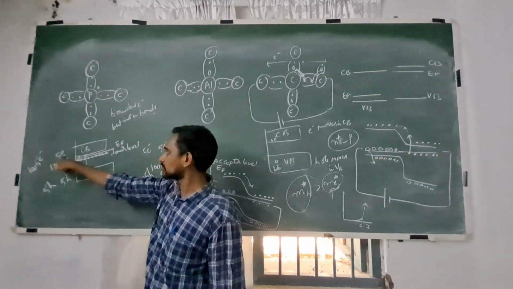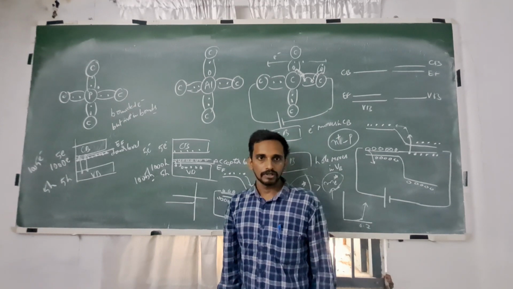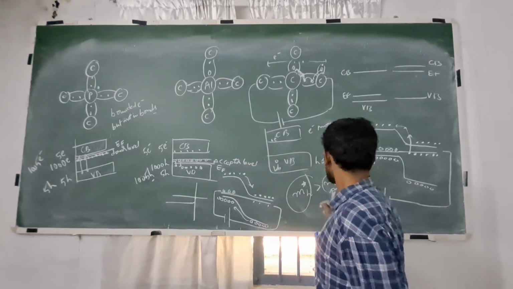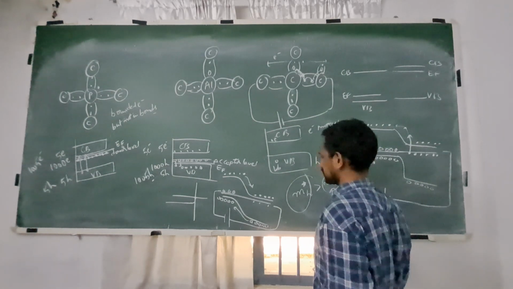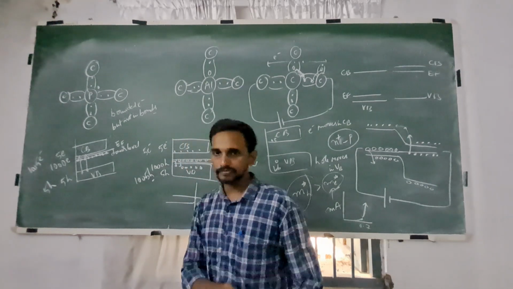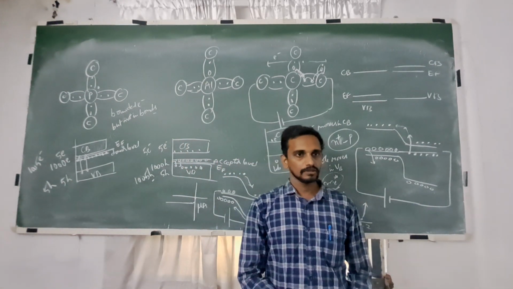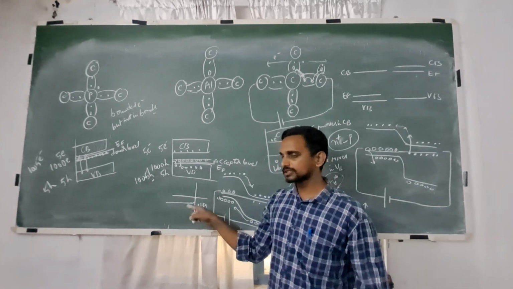Now the conduction is only due to these 5 electrons and these 5 holes. So between the current in forward bias and the current in reverse bias there will be 1000 times variation. If it is in milliamperes, it will be in microamperes.